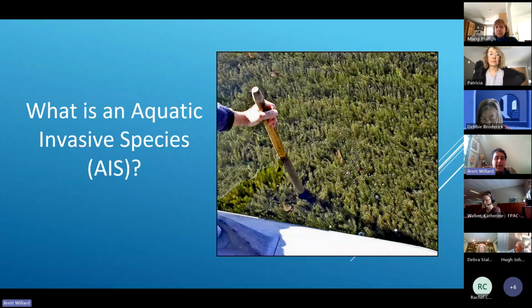Just because a plant isn't aesthetically pleasing to you or is growing in a place where you don't want it to be doesn't mean that it's invasive. Remember, invasive plants are those non-native plants that are doing ecological, economic harm and harm to human health.